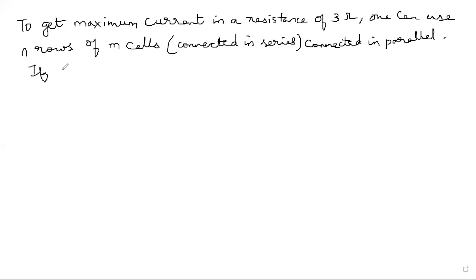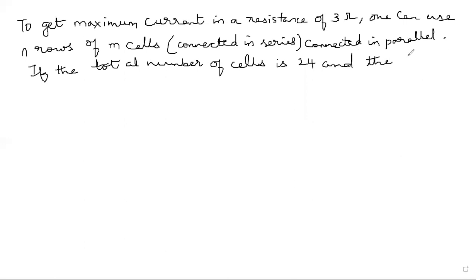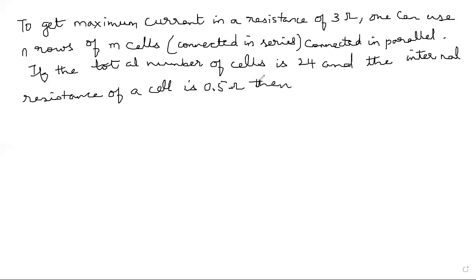If the total number of cells is 24 and the internal resistance of a cell is 0.5 ohm, then, so option A they given m is equal to 12, n is equal to 2.